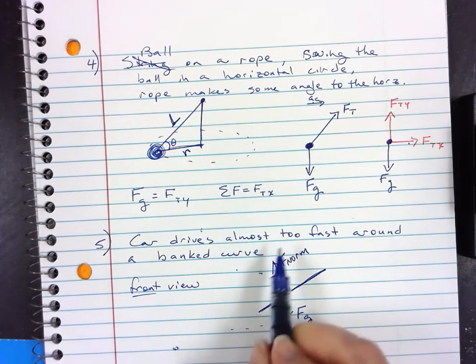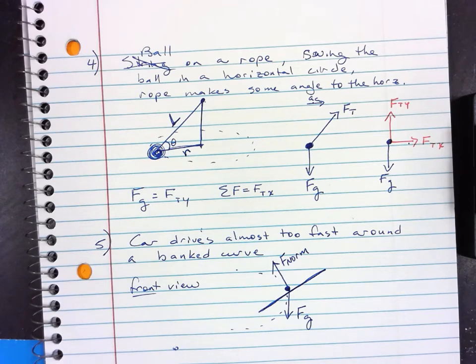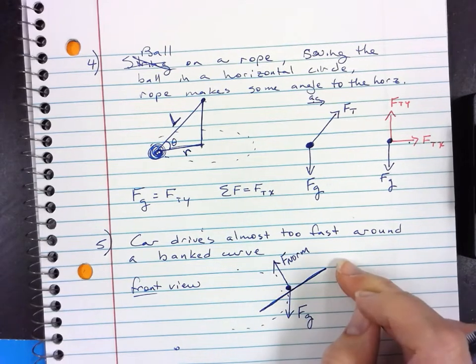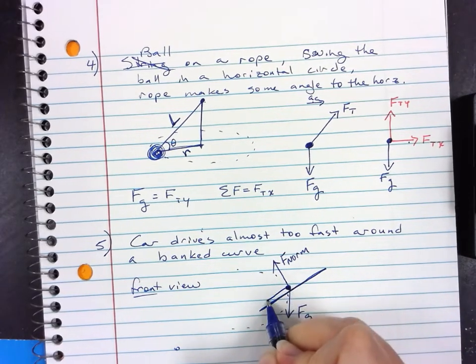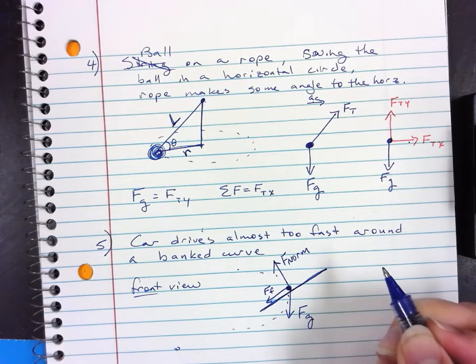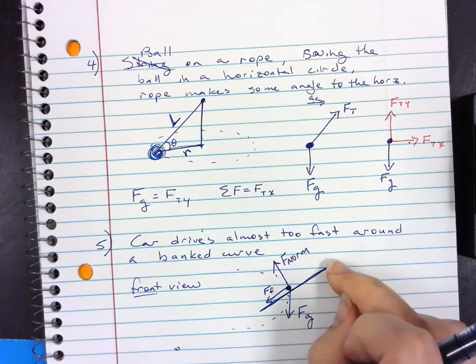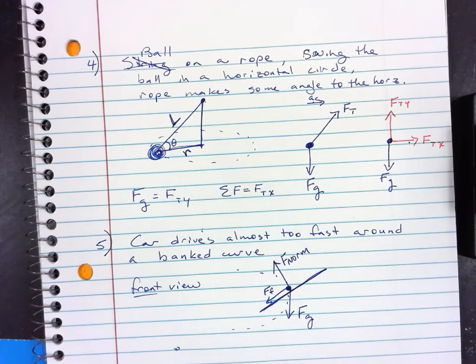And if we drive almost too fast around the banked curve, that means friction is helping us out. If we drove too fast around this curve, we would go to the outside of it. We would go up. So friction must be this way. If we drove too slow, you would drift down toward the bottom of it, so friction would be the opposite way. But we're doing almost too fast.